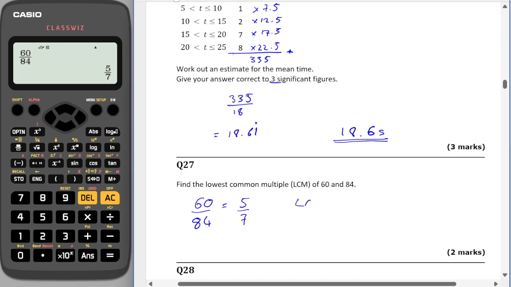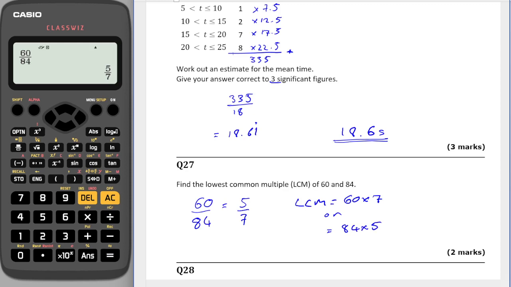So to find the lowest common multiple, it is either 60 times by 7, the denominator of the other, or it would be equal to 84 times by 5. Either way, that will give me the same value. So 60 times by 7, 420, or 84 times by 5, again 420.